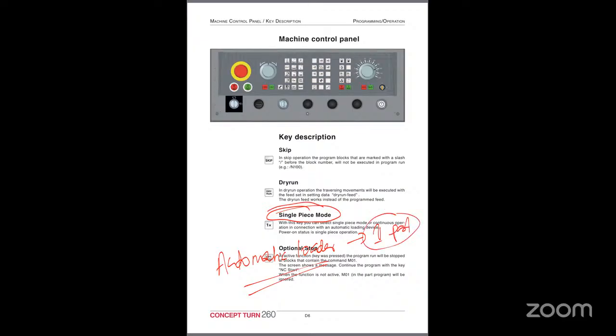So you should use single piece mode. If you select continuous mode, once one part is completed, then the next part will automatically load. So single piece mode means once one part is completed, it will stop automatically. That is called single piece mode.